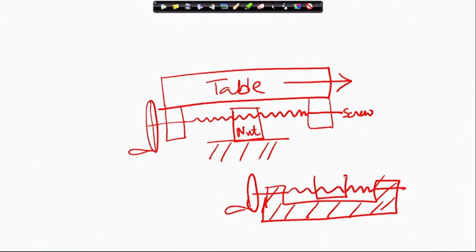And this is the table with a nut. Then you would have had problems. You will find that this table is moving and there is a distance getting created between the handle and the table. That is not so in, at least in the machines that we come across. This is the thing. Okay.